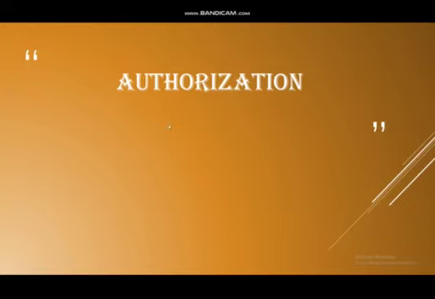Authorization means a person is allowed to access anything or something on computer. Authorization and authentication are connected to each other. When a person is authenticated, then he is authorized. After authentication, the person is authorized to use anything on computer.